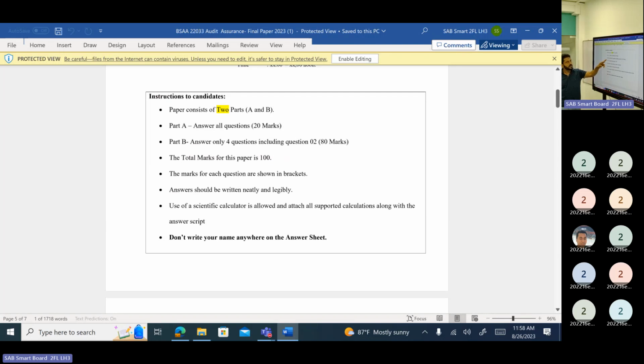Answer only 4 questions, including question number 2. Altogether, you are writing 5 questions, right? So that's our target. I will share these past papers with you all and the model answers ready for that. So that's the discussion about the paper.